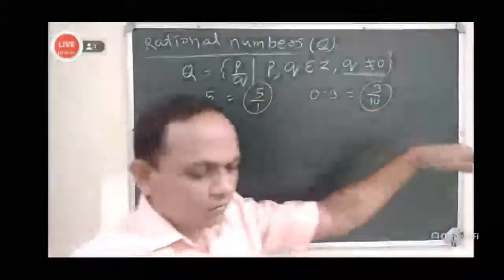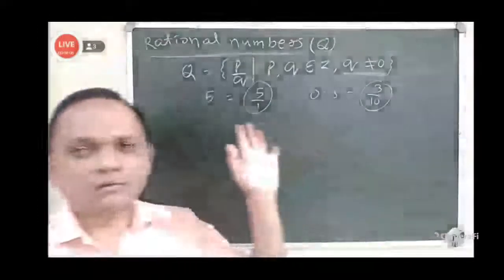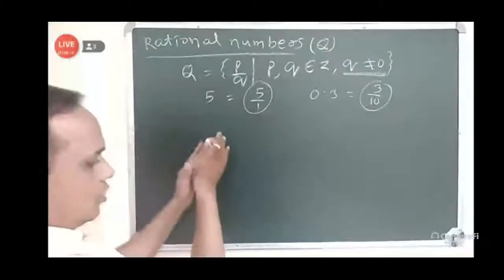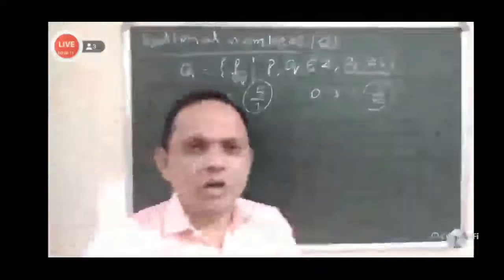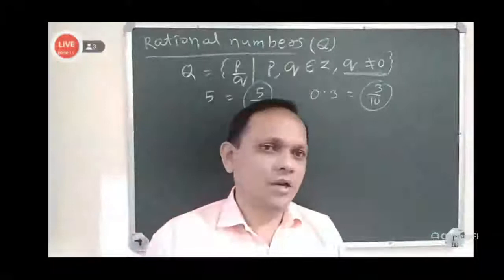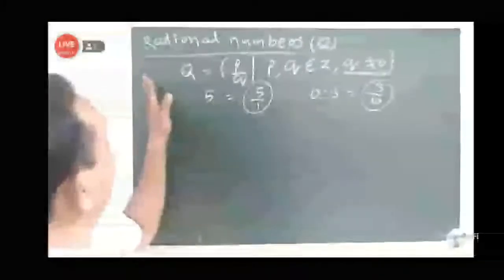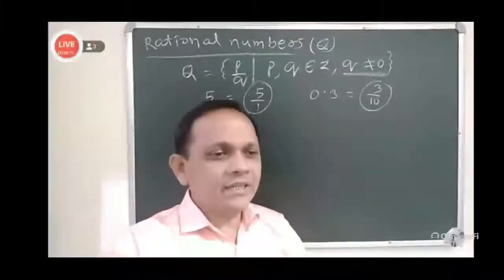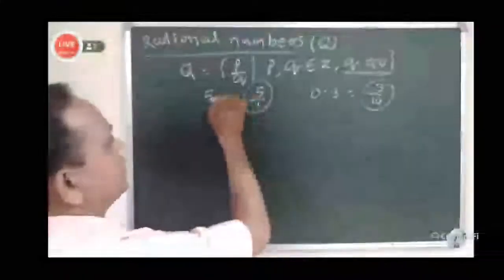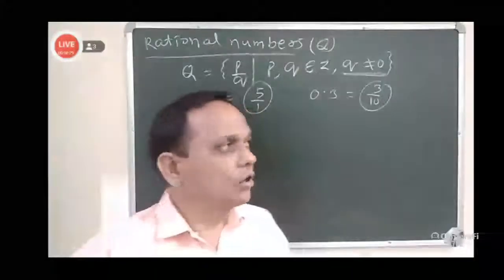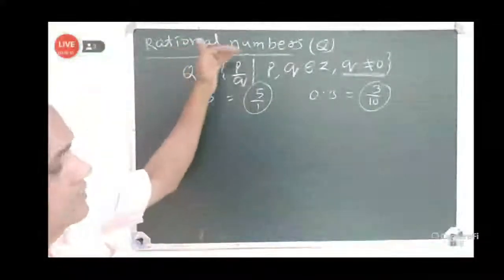Natural numbers, whole numbers and integers, they all are called rational numbers. Besides them, the fractions are also rational numbers.